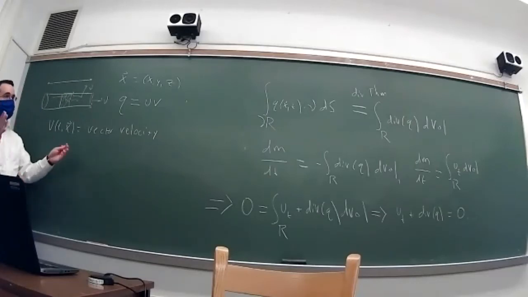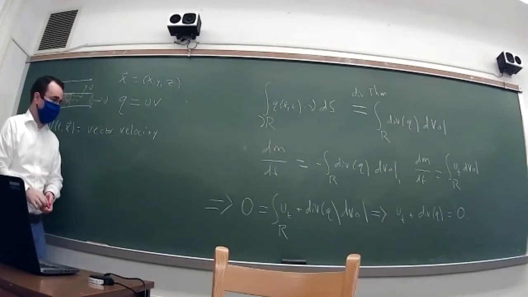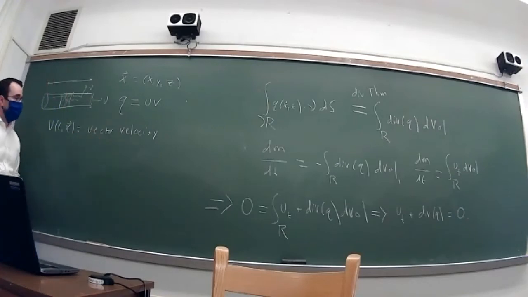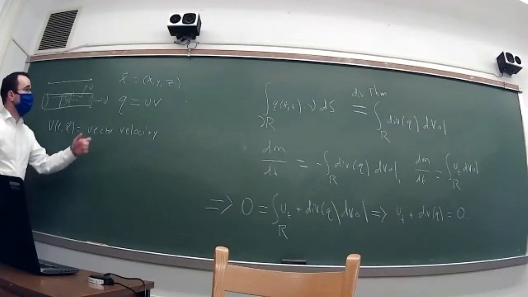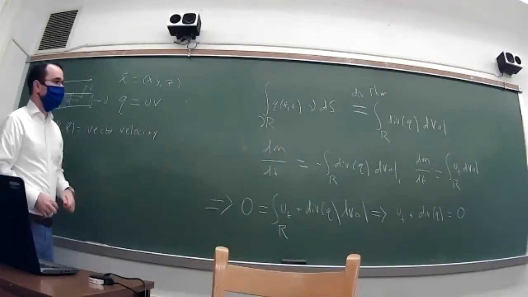In multiple spatial dimensions, you have to use a vector instead of a scalar with a sign. In one dimension, the sign tells you the direction. In multiple dimensions, you take a vector quantity, which is good because Q has to be vector valued. Remember, u is a scalar.